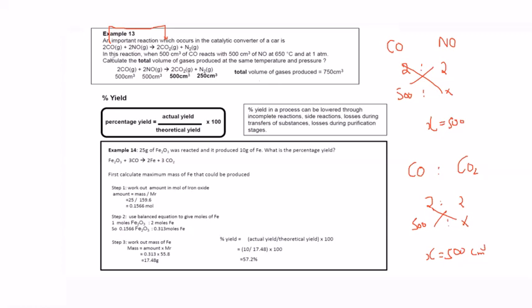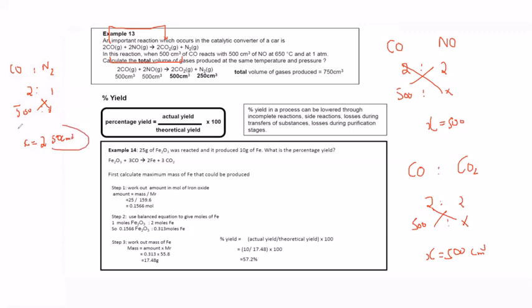And from carbon monoxide, you will find nitrogen. So from carbon monoxide to nitrogen, what is the simplest ratio of the mole? 2:1. Mole ratio and volume ratio will be the same. So if we have 500 cm cube, then this will be X. Cross multiply. So the value of X is equal to 250, half of carbon monoxide.